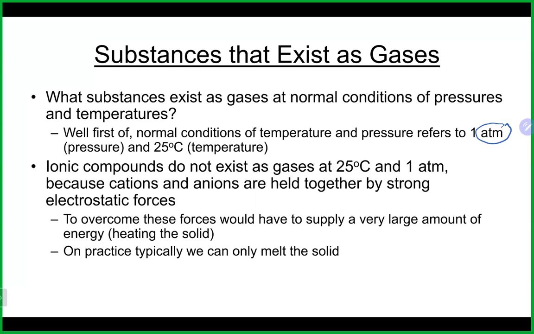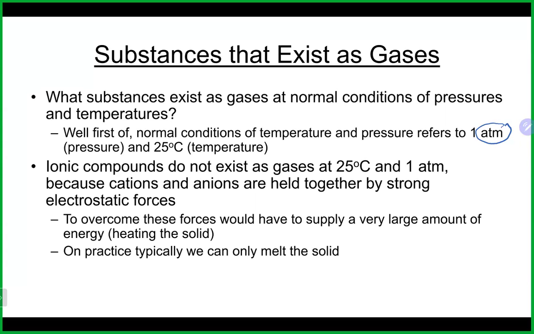Under those normal conditions, ionic compounds, which are metals and nonmetals together, held together by really strong electrostatic attraction between the positive ion and the negative ion, will not exist as gases. To overcome that really strong attraction would require a lot of energy, which typically doesn't happen under normal conditions.